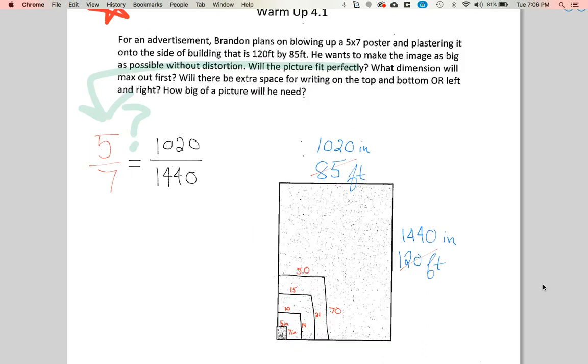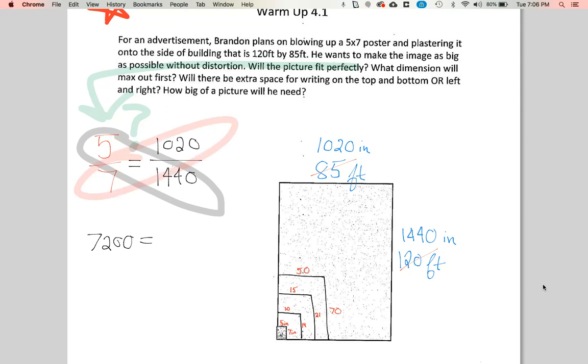So if we do our cross products, 5 times 1440 is 7,200. 7 times 1020 is 7,140. It's actually pretty close.